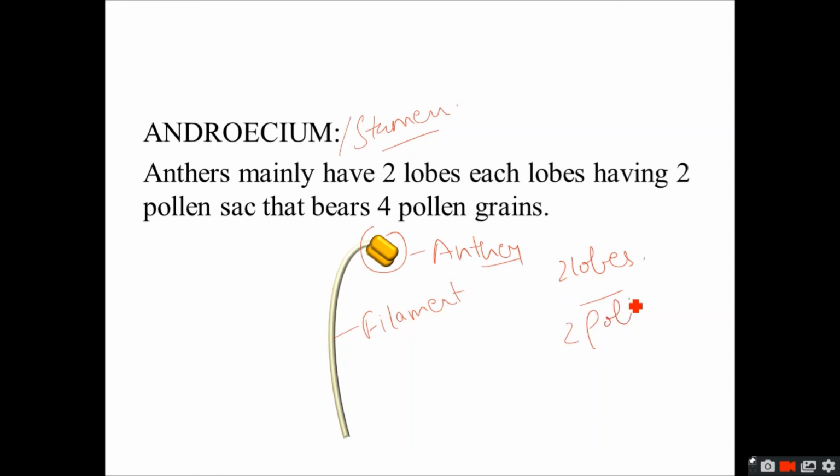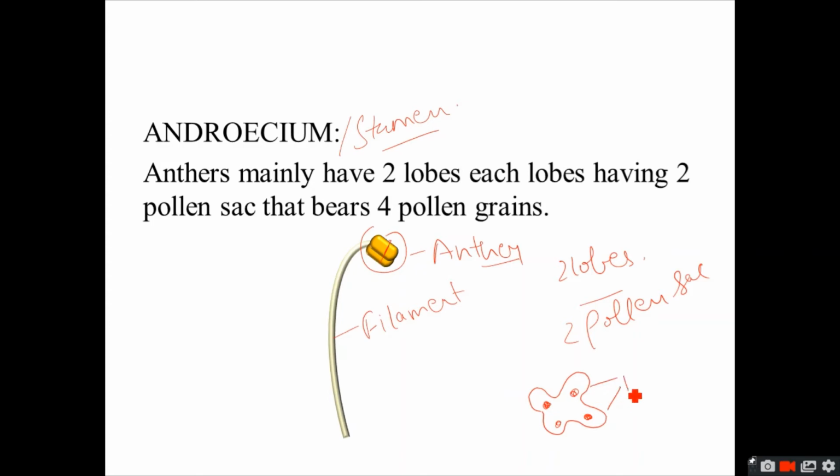Now two pollen sacs, the structure, when we dissect the structure of this anther, we get a structure like this, and it shows that the two lobes having two pollen sacs and they all are having 4 pollen grains.